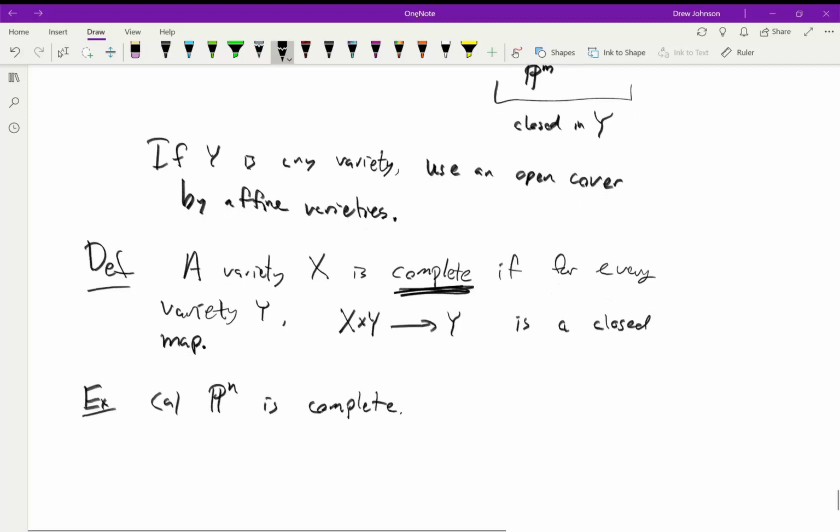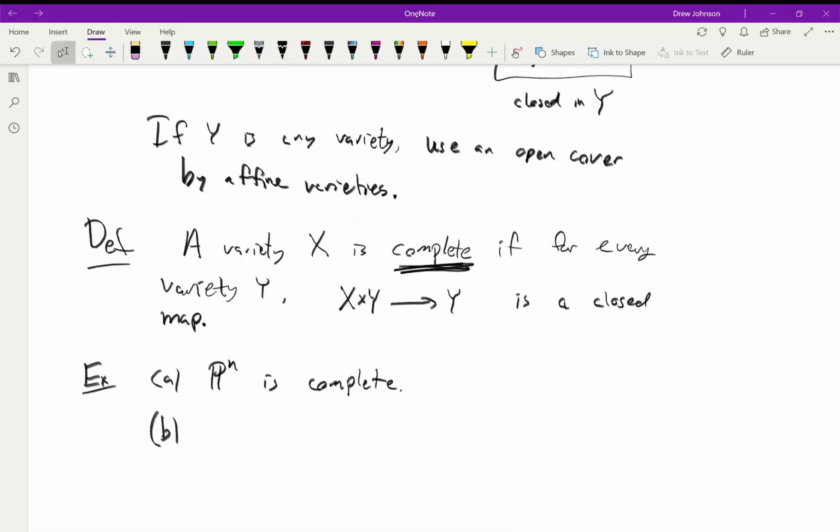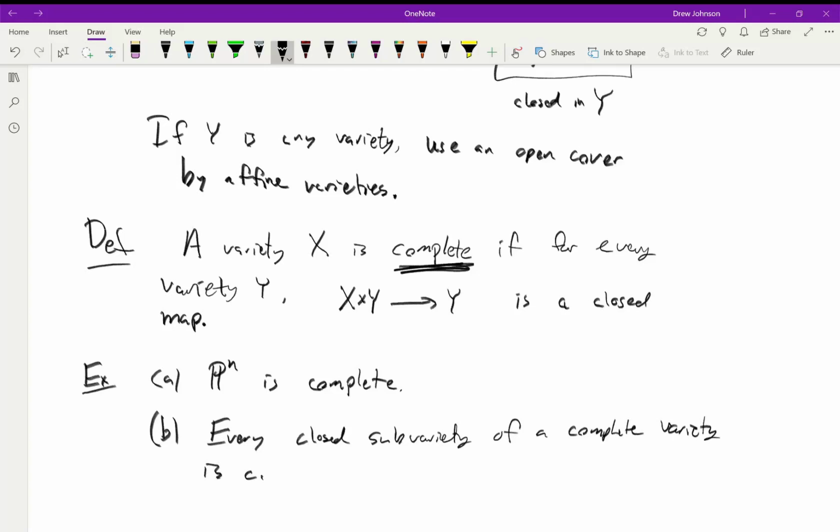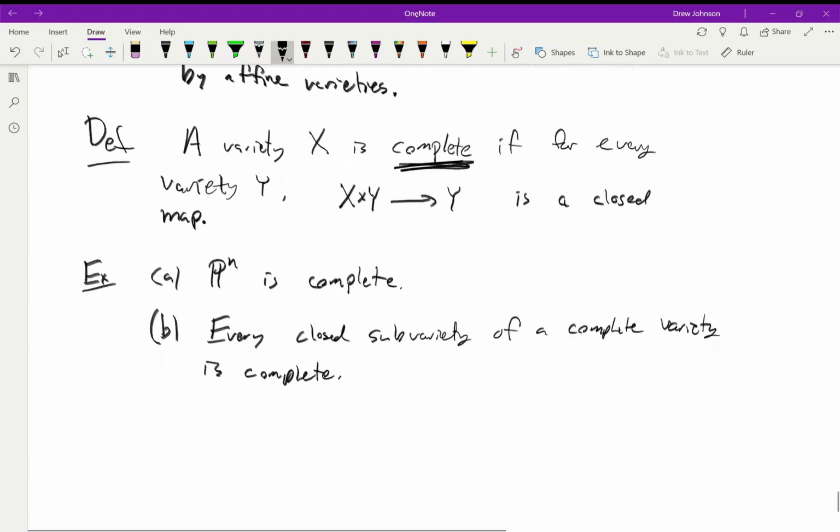What else do we know? So here's a nice fact. Every closed subvariety of a complete variety is also complete. Okay, this is not too hard to check. I mean, so suppose we have X' contained in X as a closed subvariety, and let's assume X is complete.